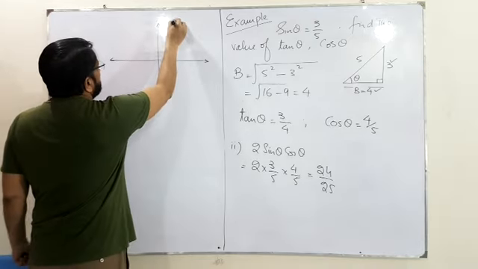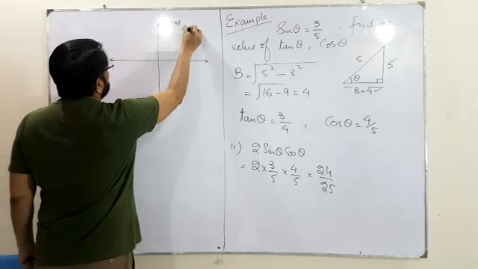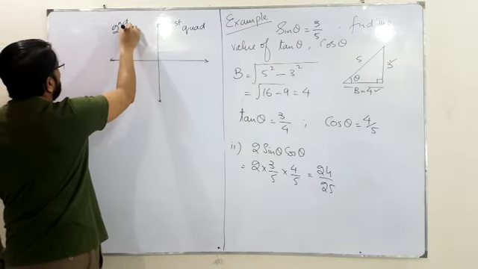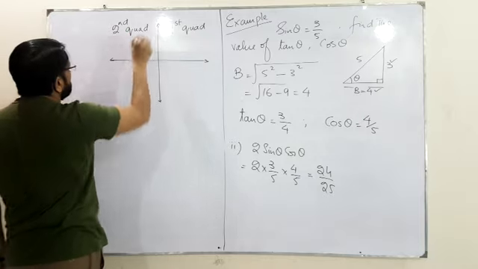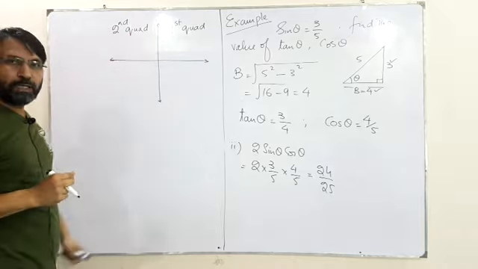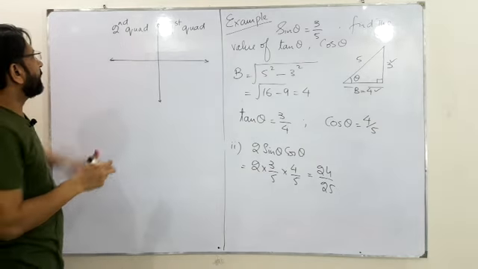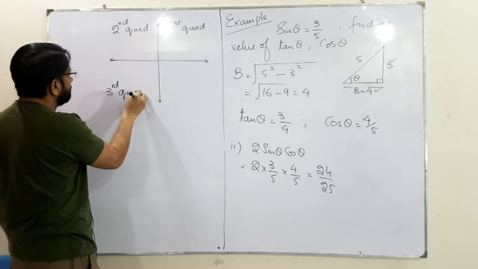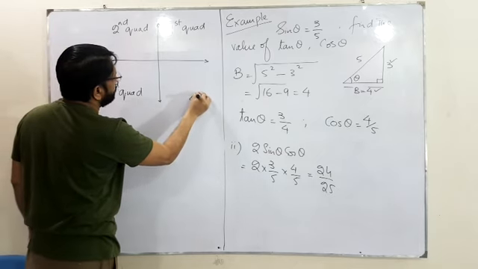This one is given the name first quadrant. As we are always taking the basic angle in an anti-clockwise direction, this is the second quadrant, this is the third quadrant, and this is going to be the fourth quadrant.